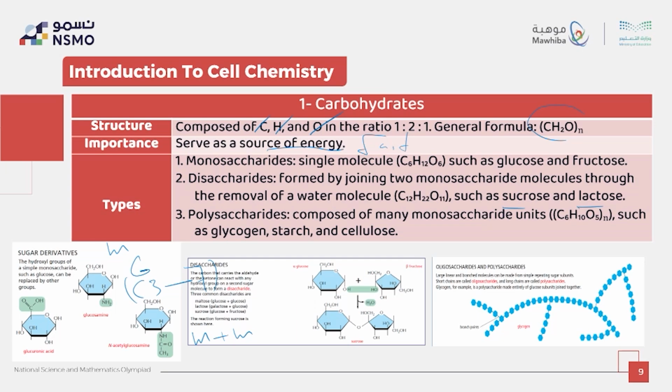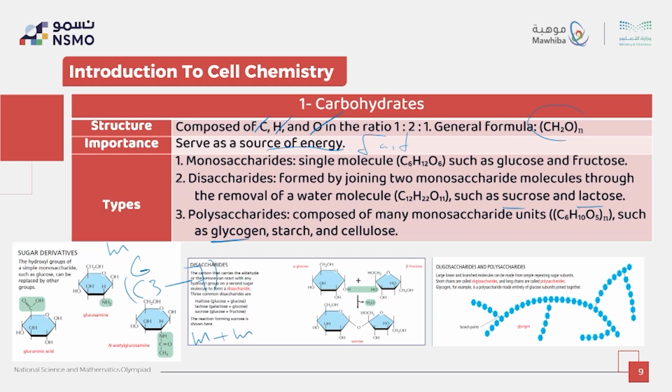This kind of cell wall is made of carbohydrates. We have another one, glycogen. This is a very important thing also, because if we eat more sugar, it will be stored as glycogen in our liver and in our muscles.